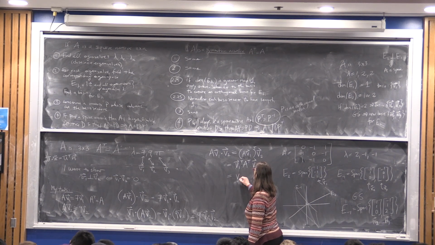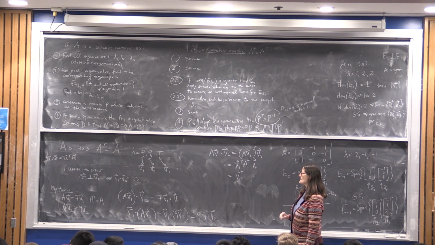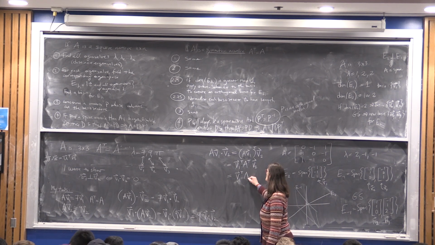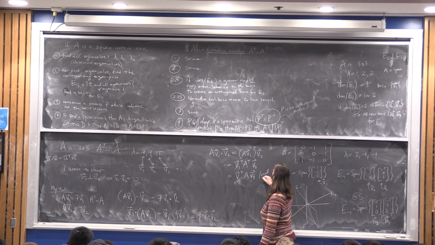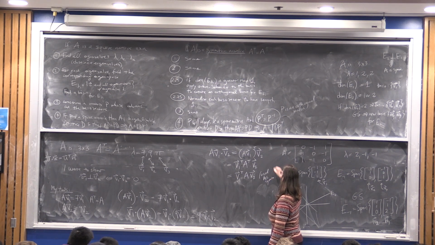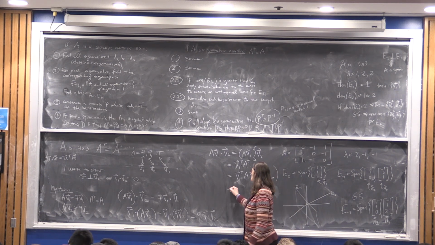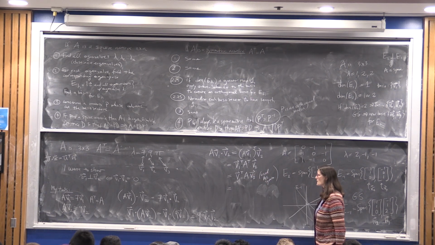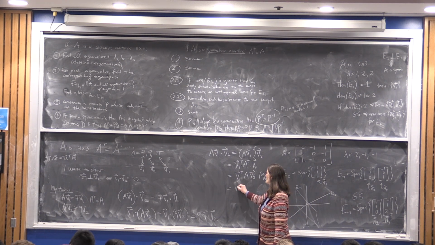This is equal to v1 transpose times what? A v2. And this I used that A is symmetric. And this I can translate back to dot products. What is that? V1 dot product A v2. Okay?